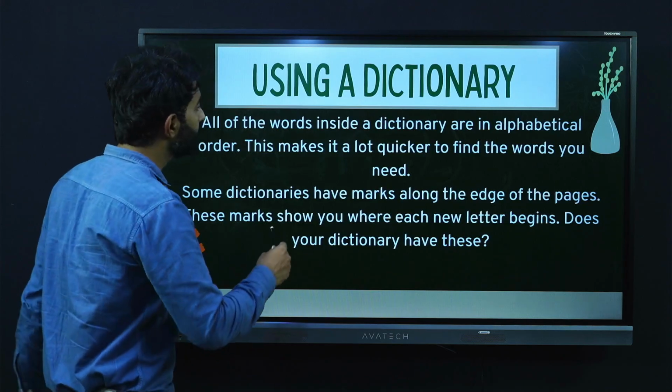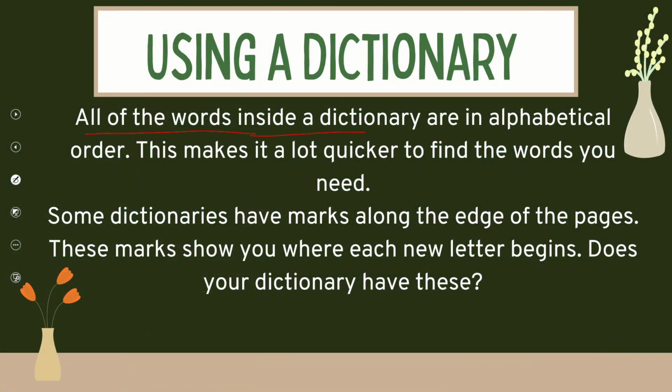Now, all of the words inside a dictionary are in alphabetical order, right? From A to Z. This makes it a lot quicker to find the words you need. Some dictionaries have marks along the edge of the pages. These marks show you where each new letter begins. Does your dictionary have these?